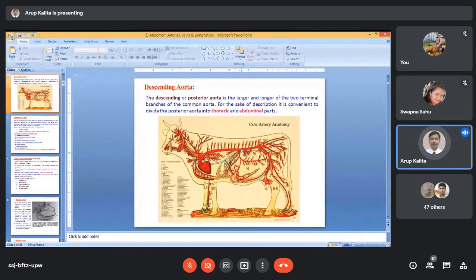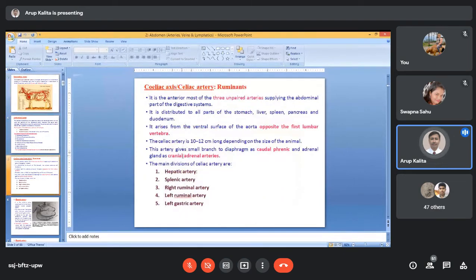So anterior to the kidney, adrenal glands are located. This celiac artery will also supply one branch to the adrenal gland, and that branch is known as cranial adrenal arteries. Clear to you till now or not?